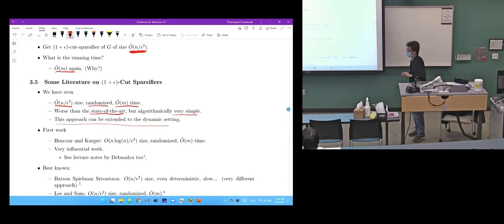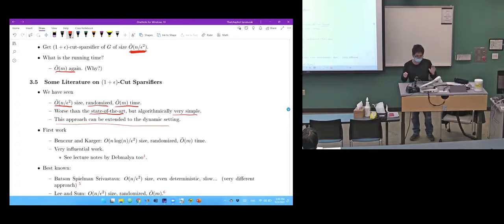I'm hoping to talk about how to maintain expander decomposition in the dynamic setting. And once you can maintain expander decomposition in the dynamic setting, the problem reduces to maintaining a cut sparsifier on a dynamic expander.